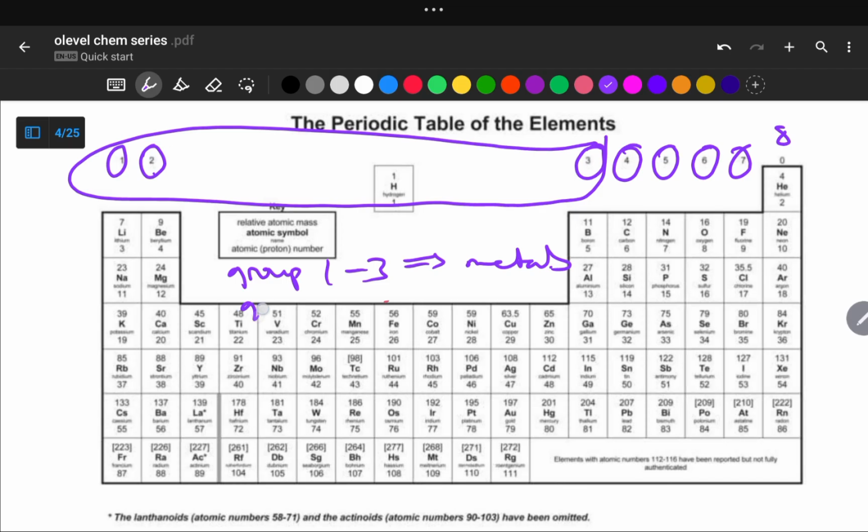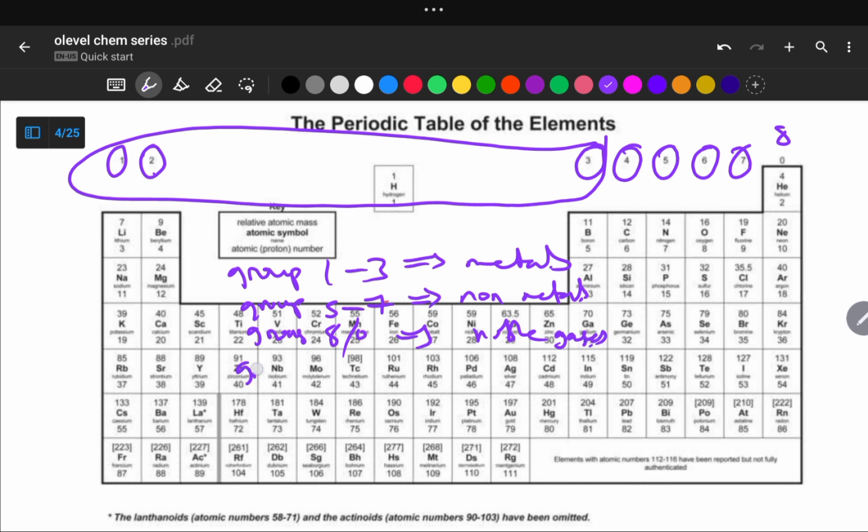And then from group 5 to group 7, these are what you call the non-metals. And then group 8 or group 0, these are what you call the noble gases.